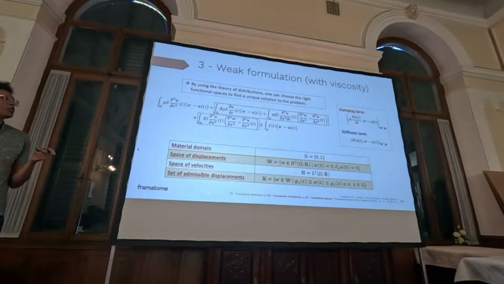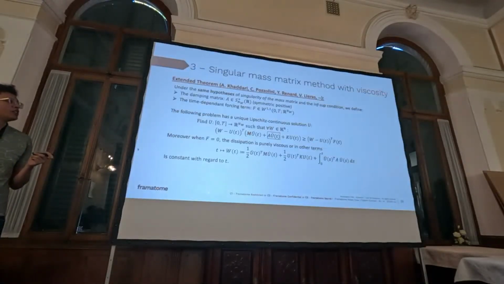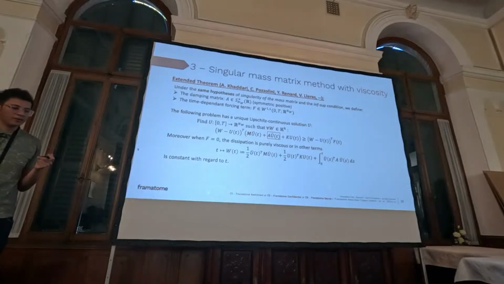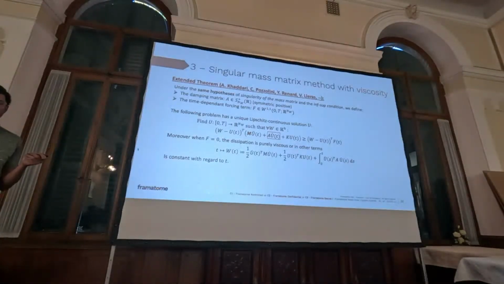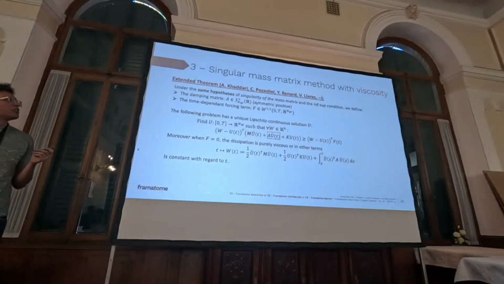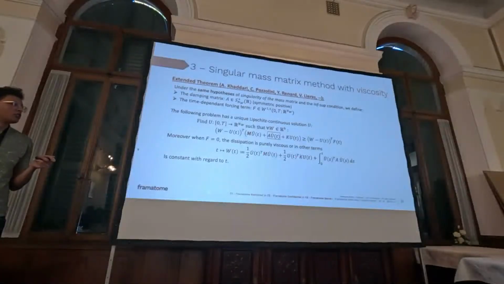The same thing for the variational formulation. When we use the finite element method and define in the same way the singular mass matrix, there's a theorem that we've worked on to extend the well-posedness result, and thus we have existence, uniqueness, and a functional that is constant when we have no solicitation.